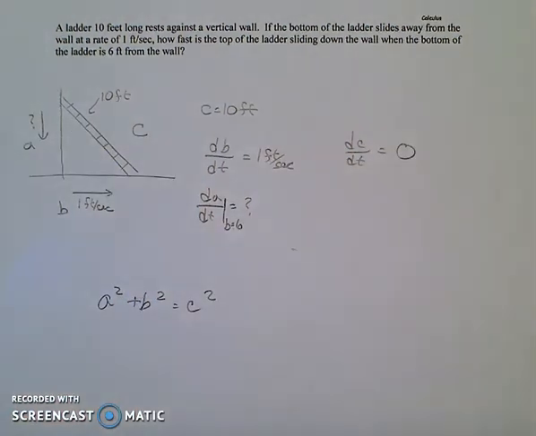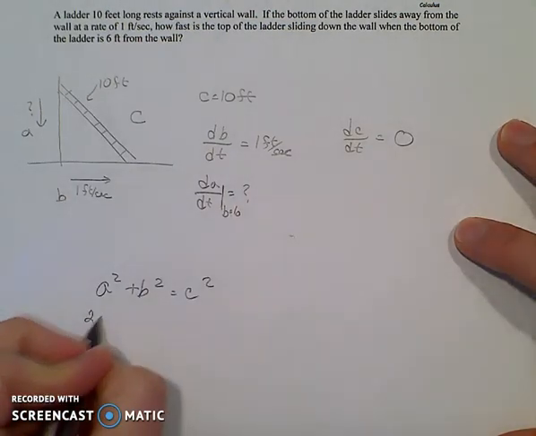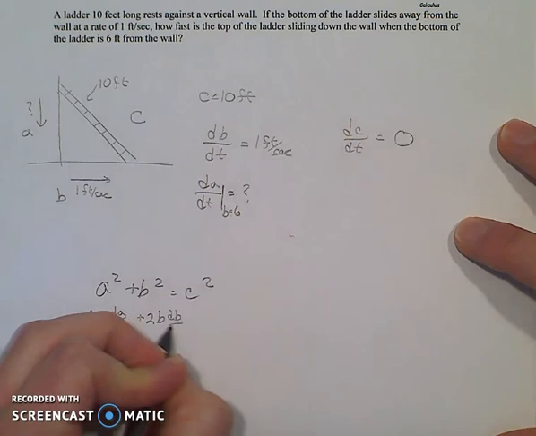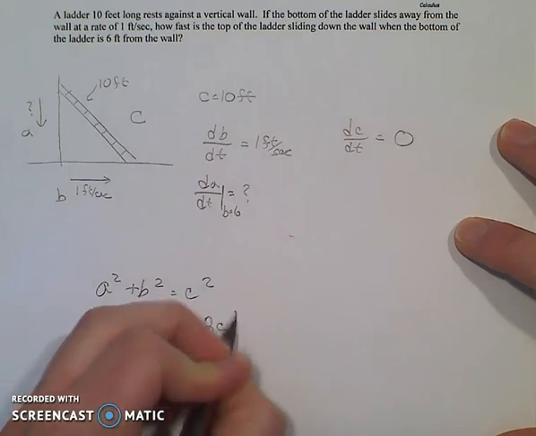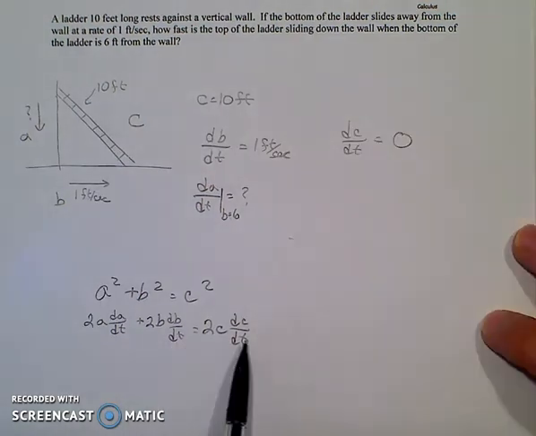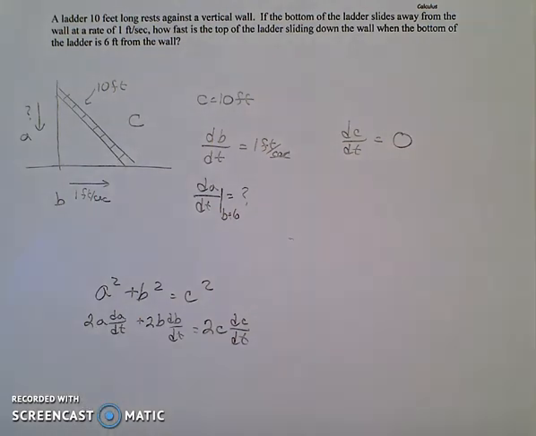And immediately it's calculus, so we know we take the derivative. So we're going to go 2a dA/dt plus 2b dB/dt equals 2c dC/dt. And again, why do we have all of the rates of change? Because when we take the derivative of a with respect to t, we're going to be left with that dA/dt. It's the rate at which that's changing with respect to time. So let's plug in what we know.